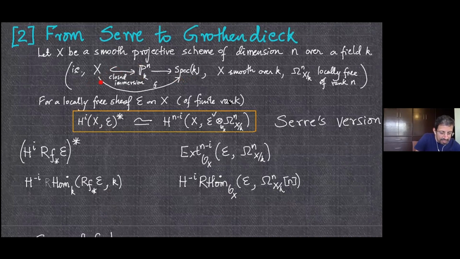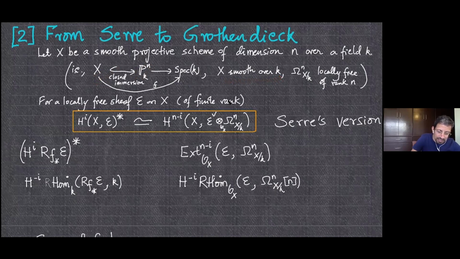So it's given by the vanishing of some homogeneous polynomials. Closed immersion means that it's given by some ideal, the zero locus of some ideal, but we have to keep track of the ideal. So it's locally given by the graded ring of Pn modulo some homogeneous ideal. And the extra assumption is that X is smooth over k, so it's non-singular.